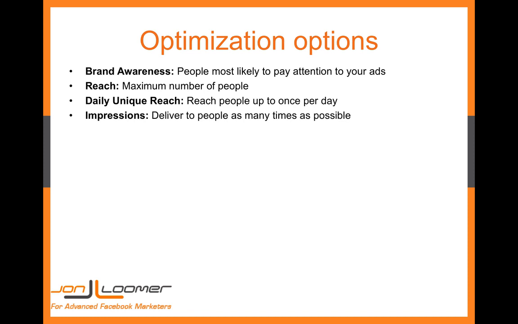So with reach and daily unique reach, it's just trying to show it to as many people within your audience as they can, but with some constraints in terms of frequency. With impressions, Facebook's just trying to show it to as many people as many times as possible, which to me can be kind of a waste of money. But there's no optimization. They're not zeroing in on certain people who are most likely to convert or click on a link or something like that.